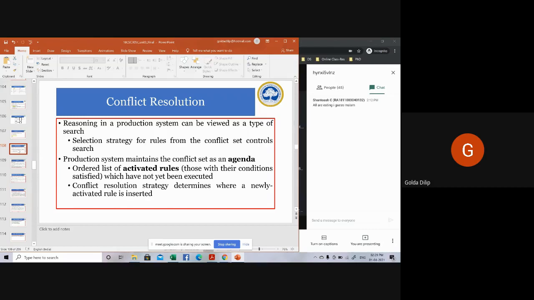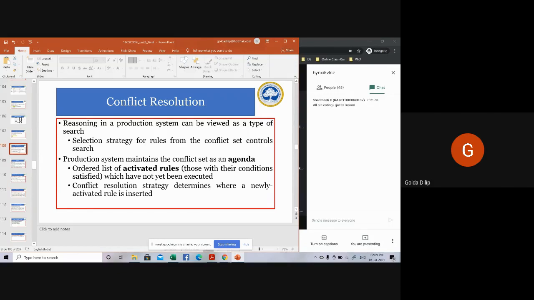There should be some method for choosing the rule to be fired in a given cycle. That is what is called conflict resolution: deciding which rule has to be fired or performed in a given cycle. So that's what conflict resolution is all about.